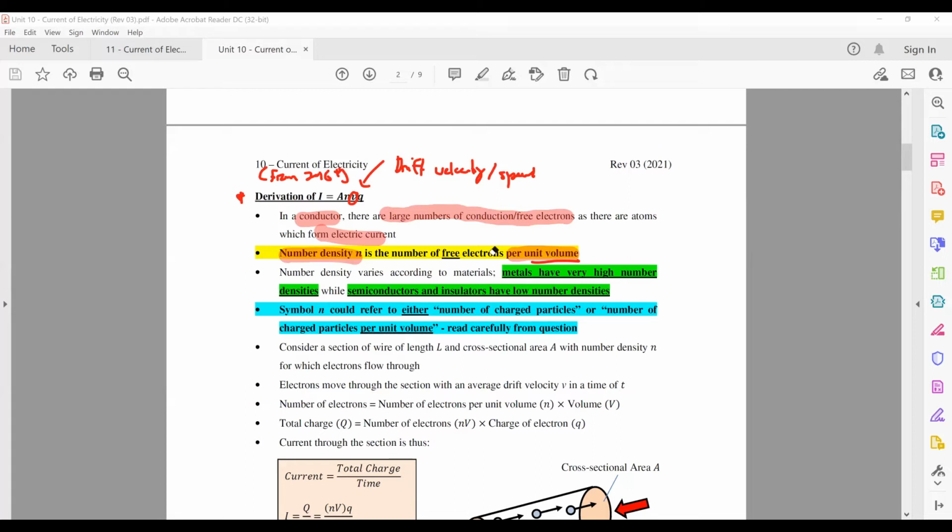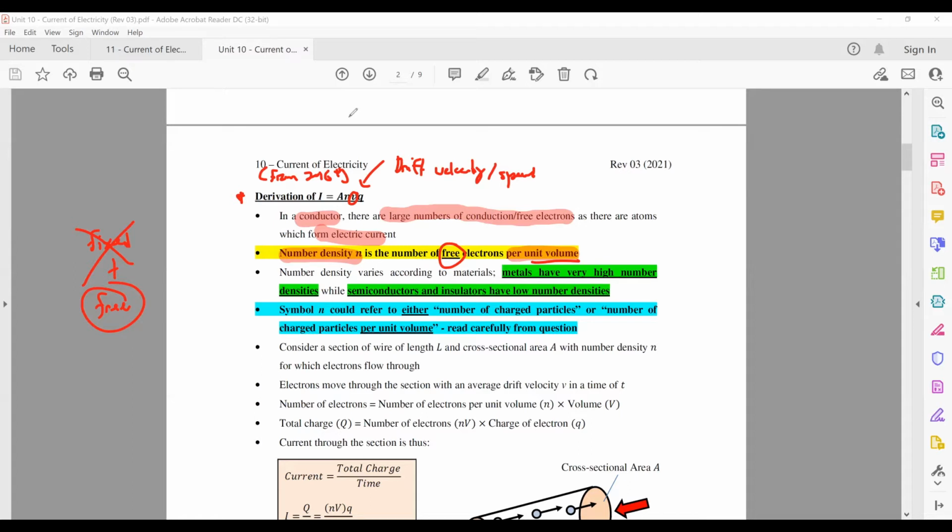So it's better to be specific. Just say the free electrons, the electrons that are responsible for your electrical conduction. If you say number of electrons per unit volume, you're referring to both fixed and free electrons. To single out only the free ones, you write the term free electrons.